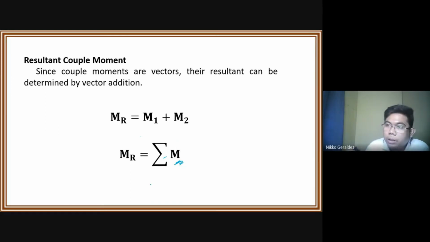Kapag positive, the resultant couple moment is a clockwise moment, and negative, the resultant is a counterclockwise moment. Okay. So that is resultant couple.